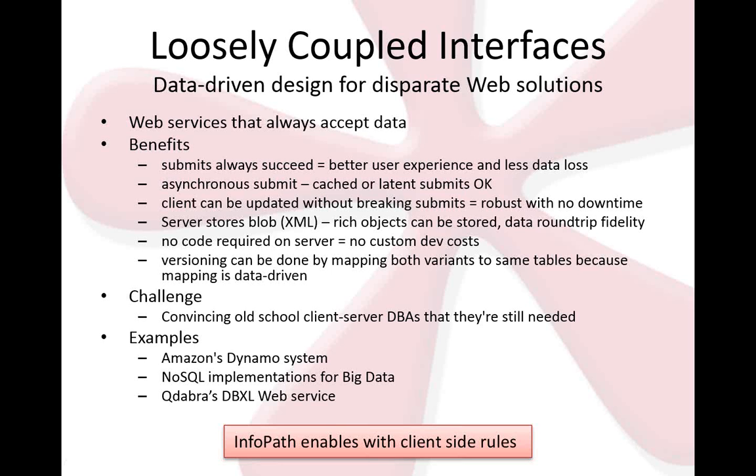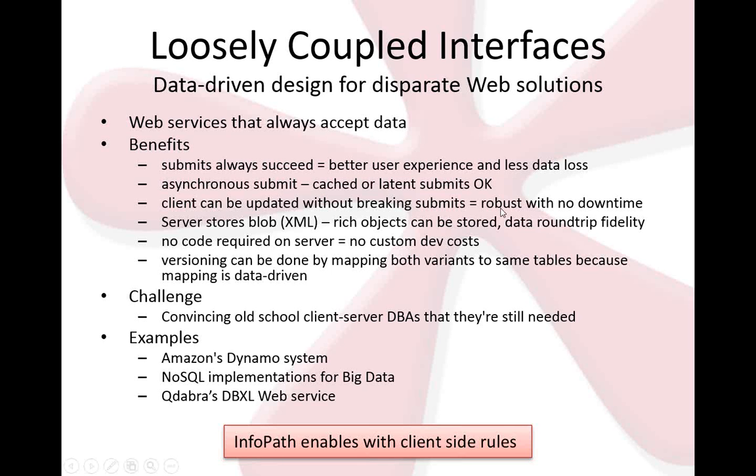Everyone can continue submitting forms before and after the new version is published, because there's no validation at the back end. We can submit the new XML structures, and the old XML structures are still there. The new XML format can then be remapped, or the old XML can be remapped to the new format by some administrator after hours later in the evening. They just go in and they do a batch mapping.